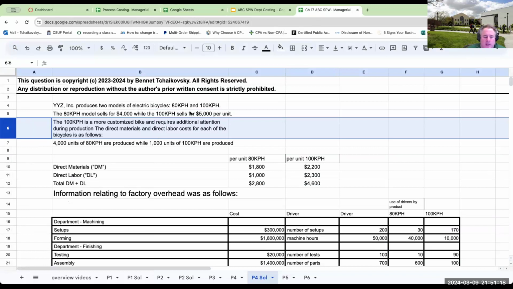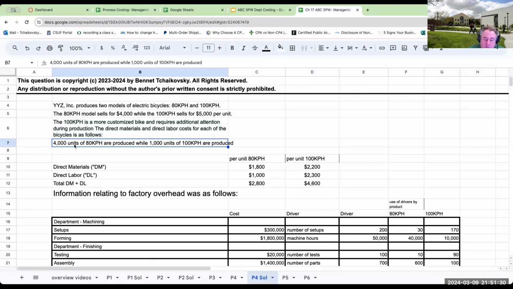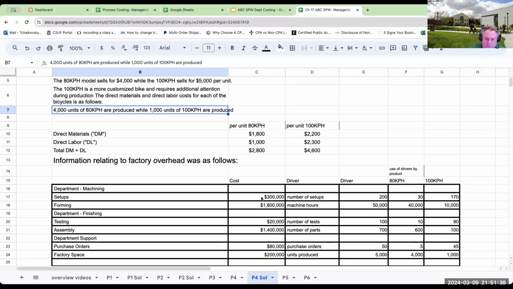The 100 kph is more customized and requires additional attention during production. The direct materials and direct labor costs of each of the bicycles are as follows. So 4,000 units of the 80 are produced, while 1,000 of the 100 are produced. And then we get some information relating to the factory overhead.